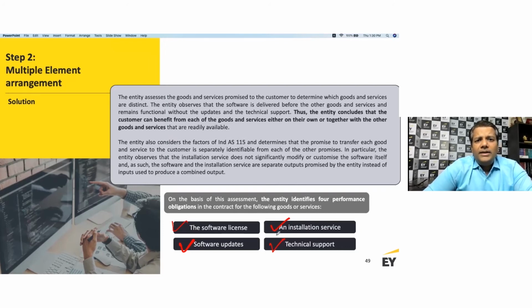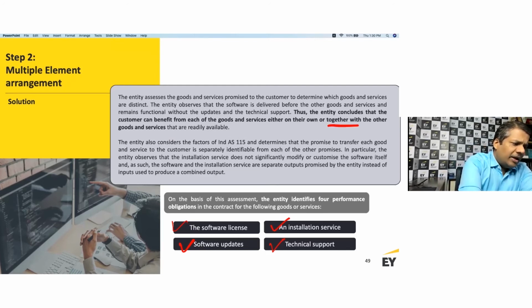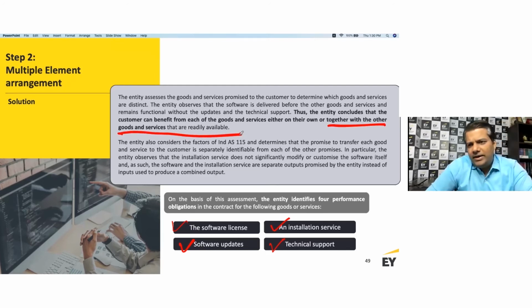So the entity concludes that the customer can benefit from each of the goods and services either on their own or together with other goods and services that are readily available. And that's why it is saying there are four different performance obligations here, right?